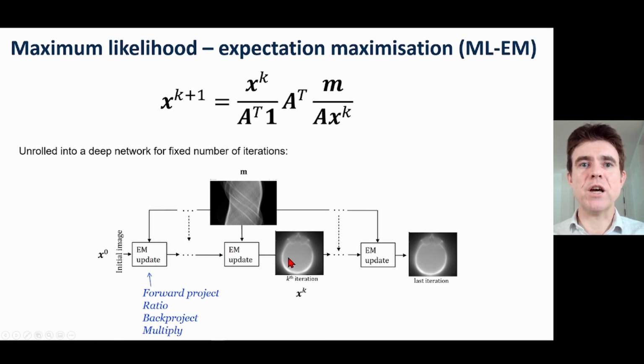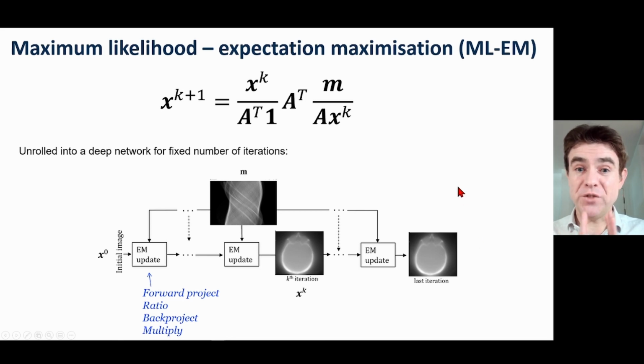And we just keep doing that iteratively until we end up with some endpoint iteration. Now in the simple example I showed earlier, we only had done 2 iterations, and so that's why this is quite a blurred image. And of course, if the measured sinogram data had been noisy, after many iterations, we'd end up with a noisy reconstruction.